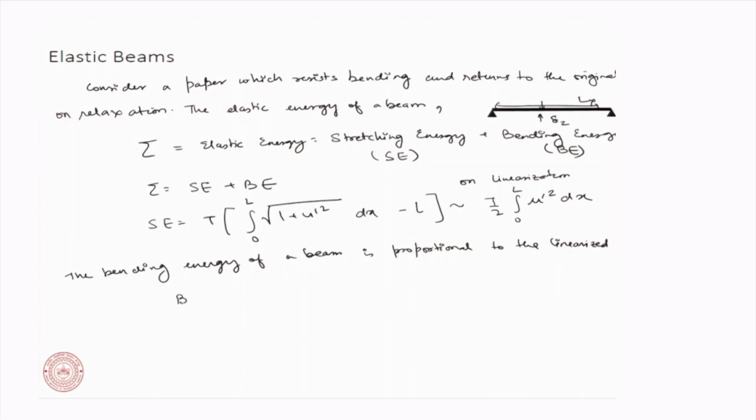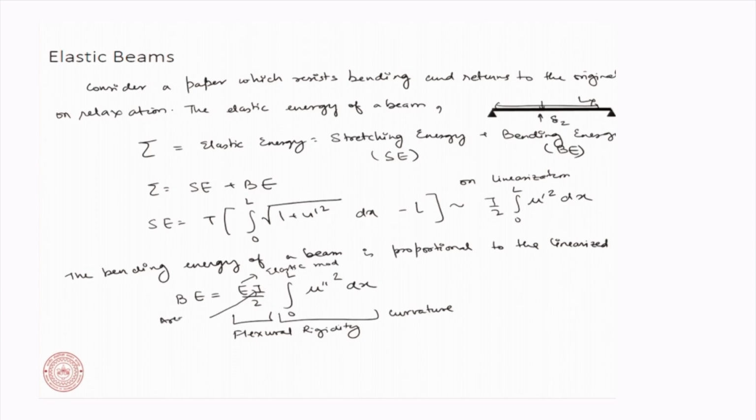So, the bending energy BE equals E I by 2 integration from 0 to L of u double prime whole square dx. Okay, so this is our change in curvature, and EI is called our flexural rigidity, where E is the elastic modulus and I is the area moment of inertia.